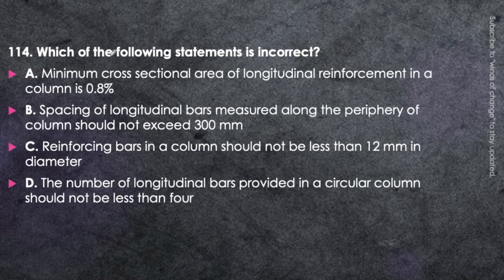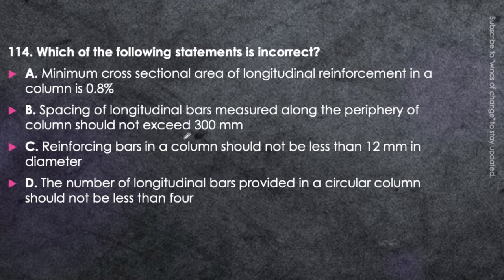Next question. Which of the following statement is incorrect? Minimum cross sectional area of the longitudinal reinforcement in a column is 0.8%, which we know that it is a correct statement. Spacing of the longitudinal bars measured along the periphery of the column should not exceed 300 mm. 300 mm is the maximum spacing of the longitudinal bar.